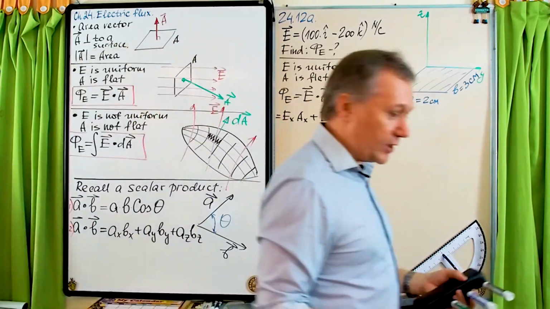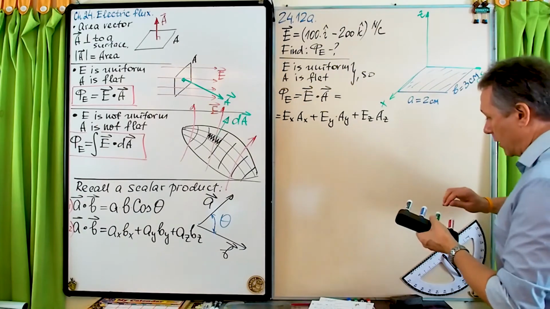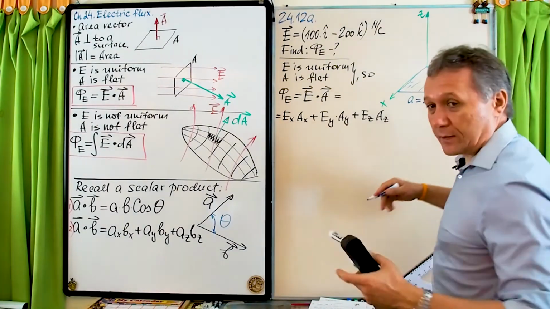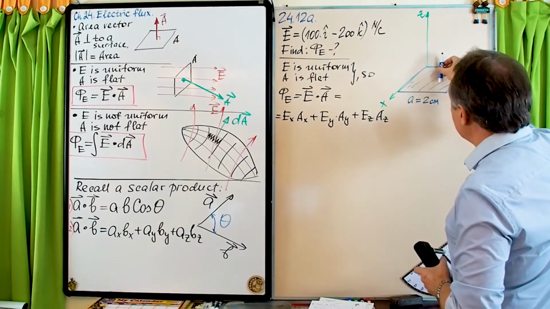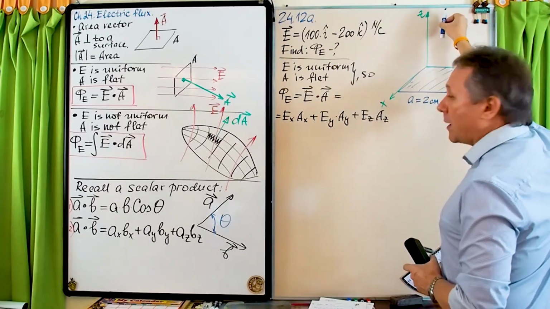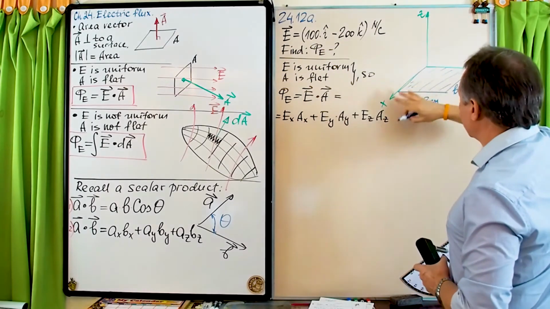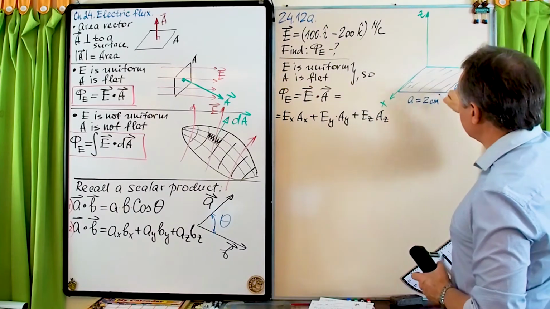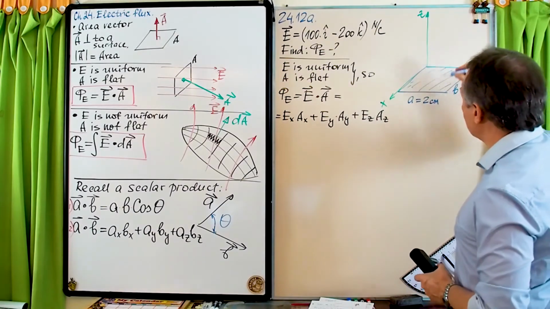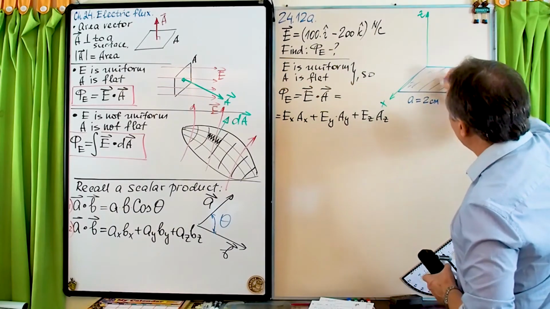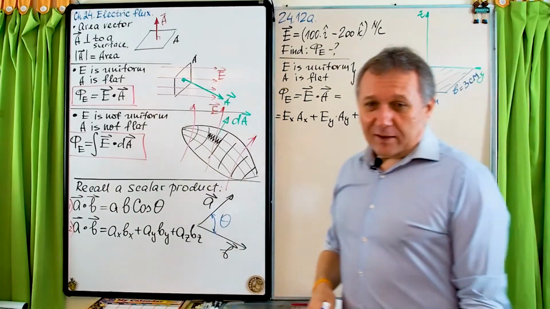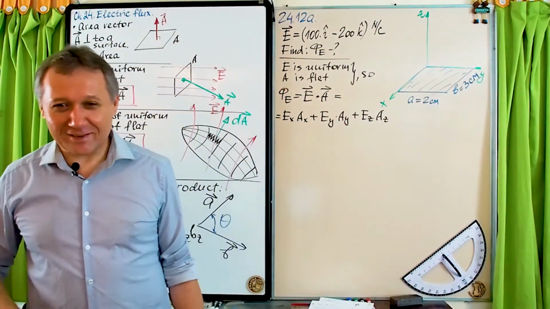And then, of course, it's much easier to see the components of the area vector. Again, as I told you, you can draw the area vector either up or down, because the rectangle lies in the xy plane, so it's either A up or down. I don't like down. Let's draw it up.